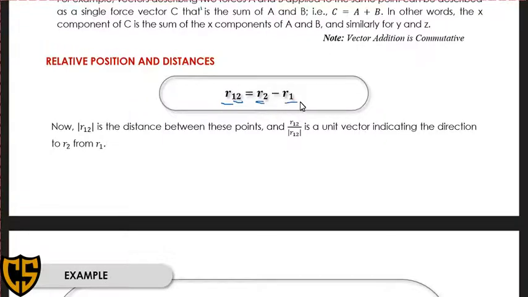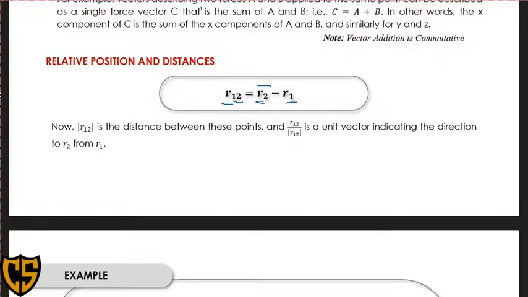So now, kukaon mo ang imong magnitude, that is the distance between sa points, and then kung kaon mo ang imong unit vector, that indicates the direction sa imong R2 from R1. So kinahanglan mabalaan ni siya naton kay kinahanglan ni siya naton for the next nga mga discussions. Then kung kwaon mo na iya magnitude, mas square root ka na to.